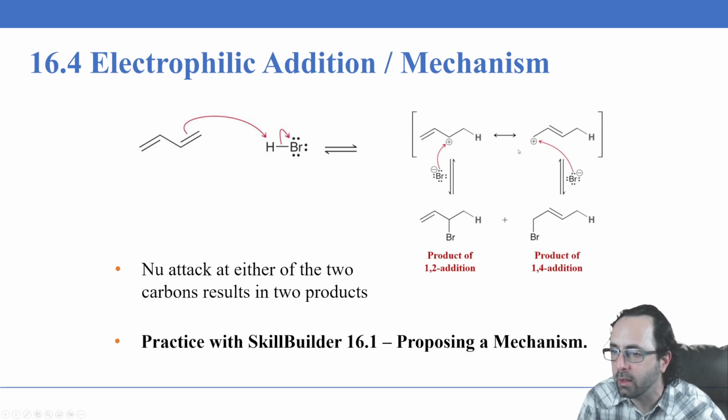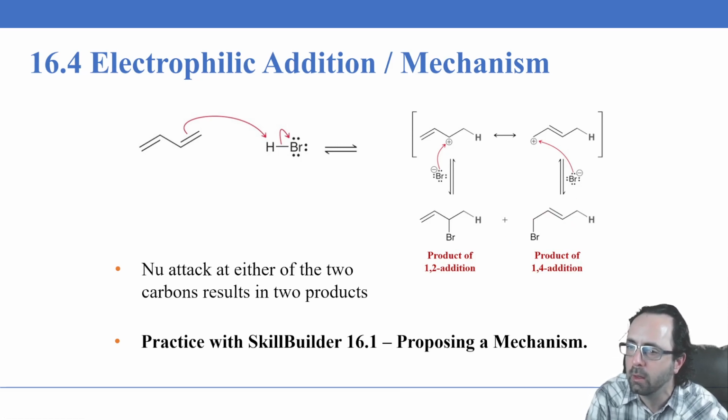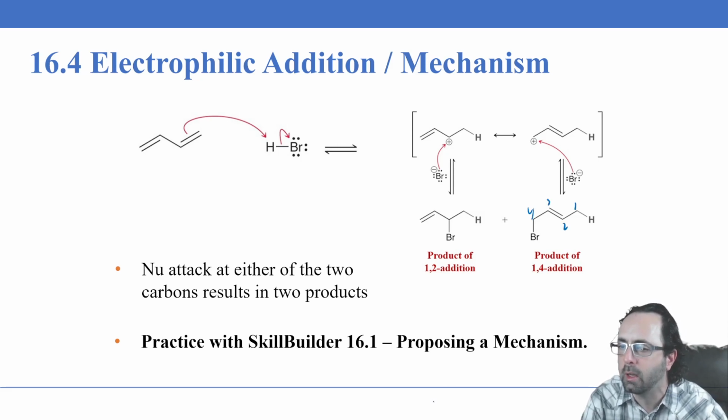Or you could have a carbocation rearrangement before, and then the bromide will attack at this carbocation here, and this will be the 1,4 addition. And we call that the 1,4 addition because if this is carbon number 1 here, 1, 2, 3, the bromine is attached to carbon number 4. But here, if it's carbon number 1 where the hydrogen is attached, the bromine will attach to carbon number 2 there.